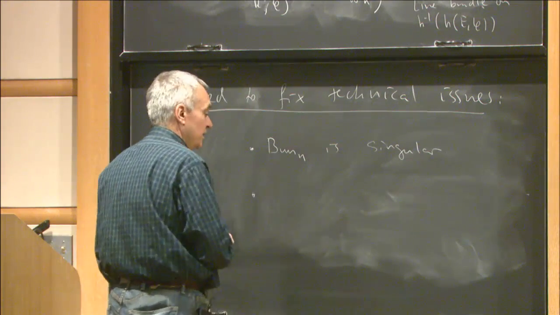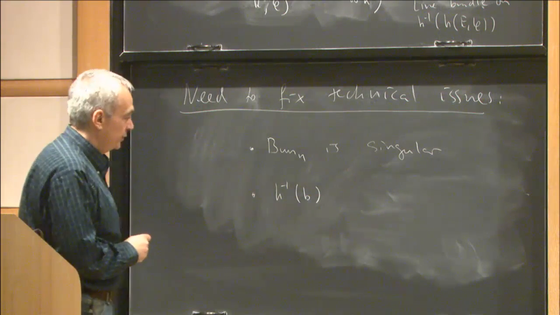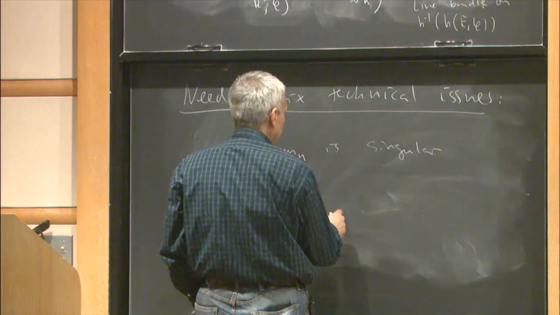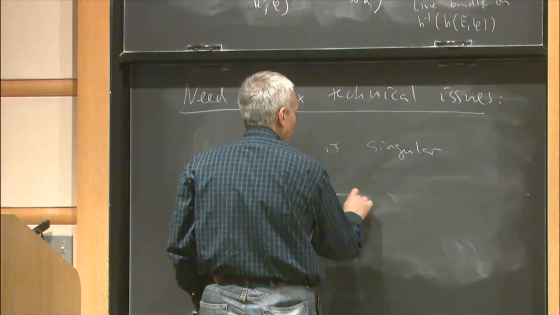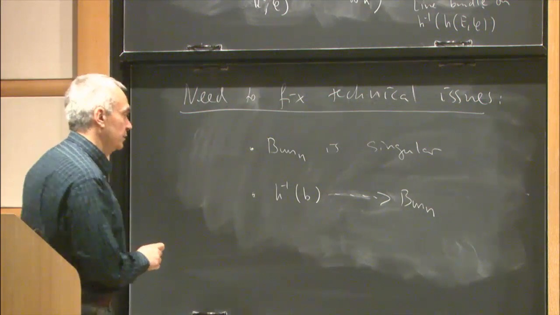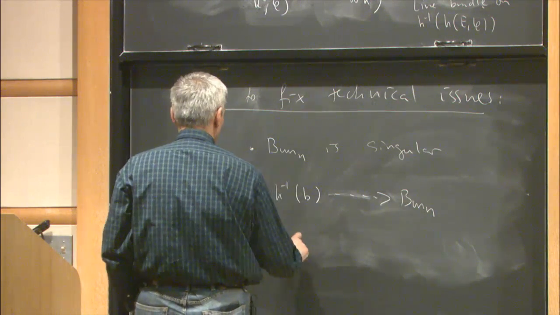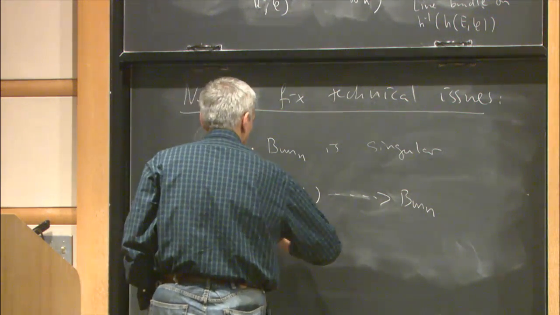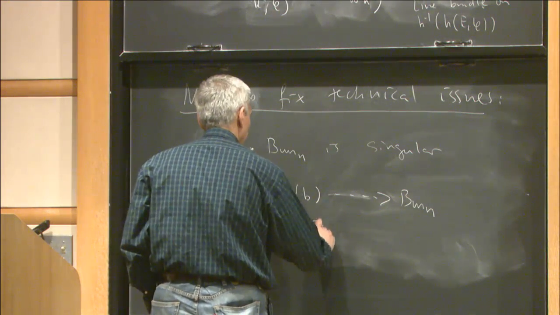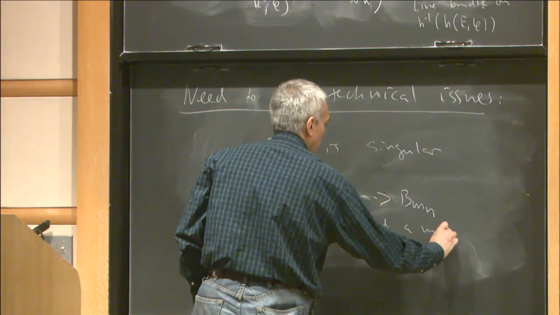And the other is that the map from the spectral cover, from the Lagrangian inside the Higgs moduli space, to the moduli of bundles is not a proper morphism in general.